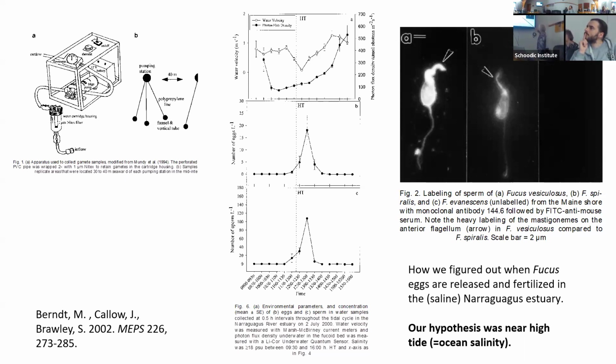And then the peak was perhaps 30 minutes to an hour after high tide. And so we have a sperm egg ratio, and we checked the sperm again with the monoclonals.